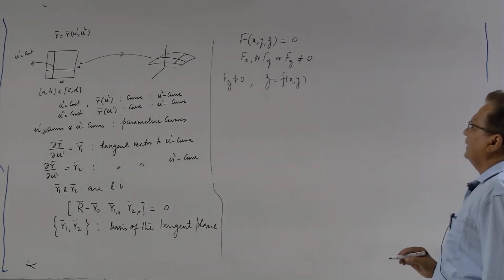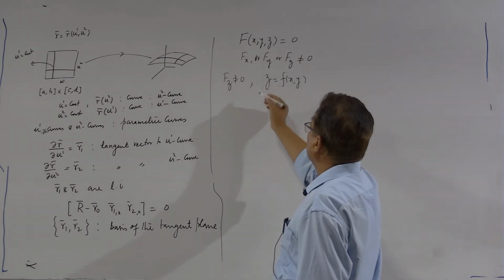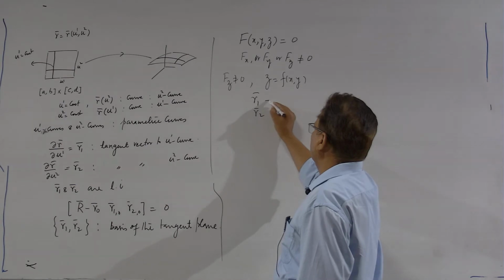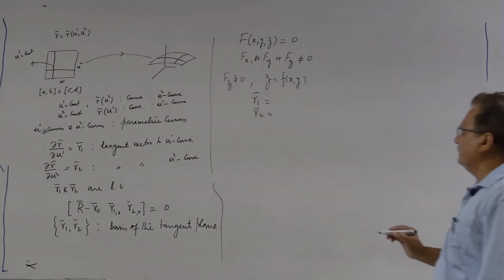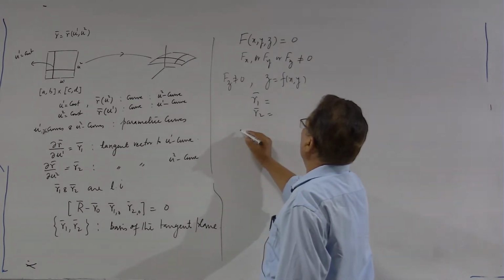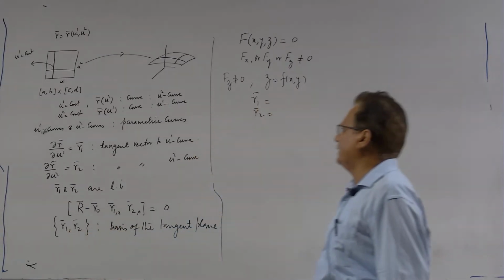All right. Now, in this case, we can work out what the basic tangent vectors r1 and r2 are. We also found the equation of the tangent plane. We also noticed the normal vector. Here, r1 and r2 are tangent vectors.